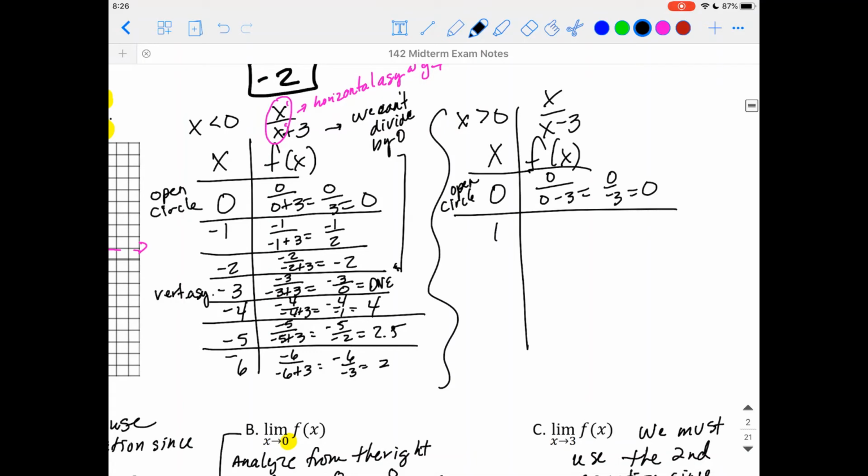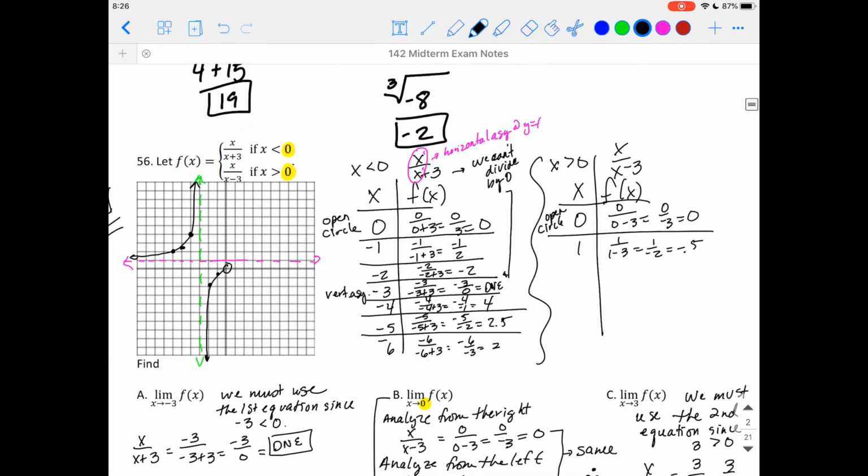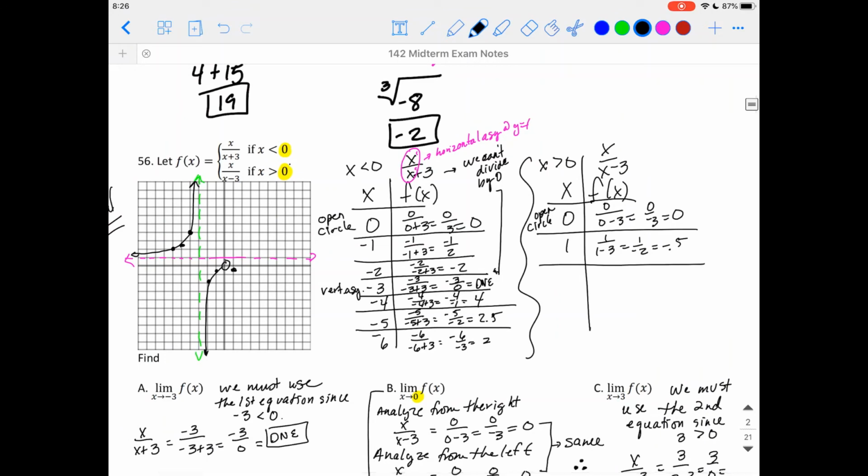For 1, it's going to be 1 over 1 minus 3, which is 1 over negative 2, which is negative 0.5. And that one is a new point. So for 1, I get negative 0.5 right here. Then 2, 3, 4, 5, and 6. For 2, I'm going to get 2 over 2 minus 3, which is going to be negative 2.